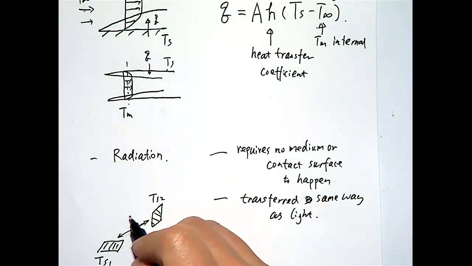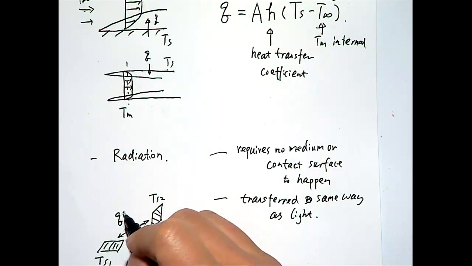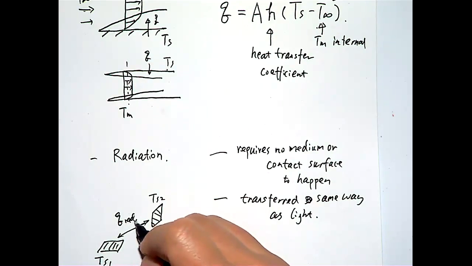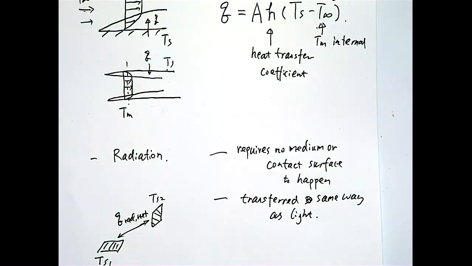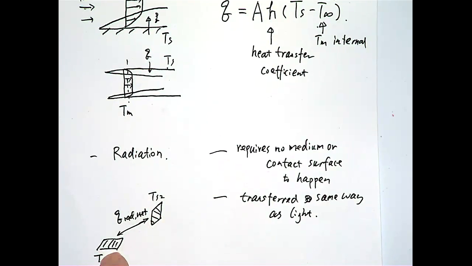Calculating the net radiation between them is quite involved. It's not only related to the temperature, or the area of each surface, it's also related to the relative position.